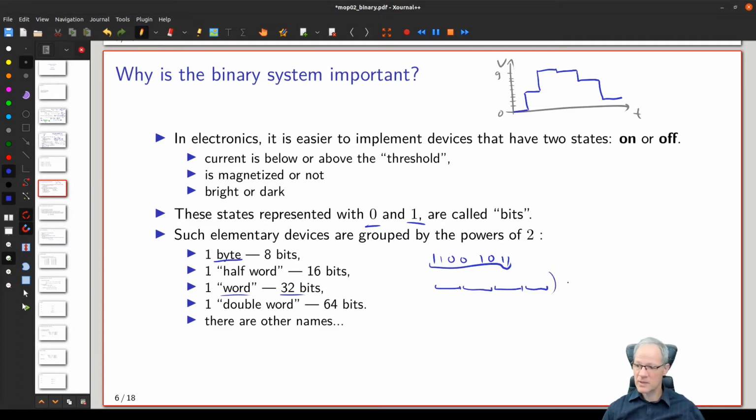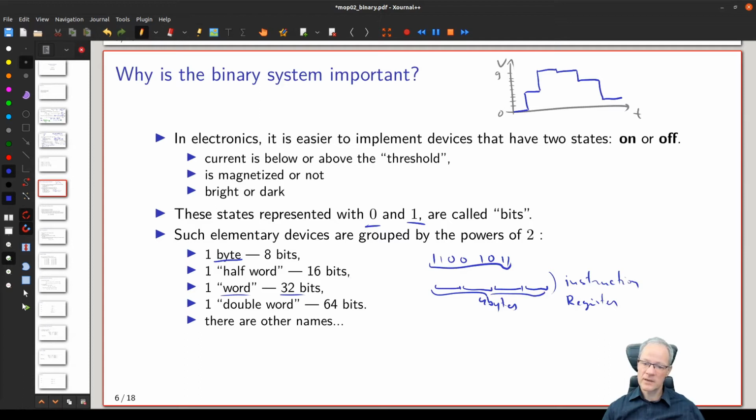For example, this could be an instruction, like a command for the processor that tells what to do. Or this could be a register that holds a value. So historically, 4 bytes are called one word.